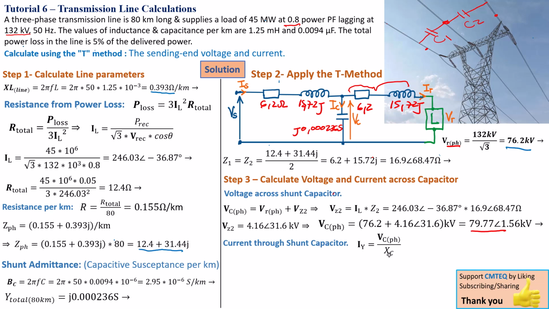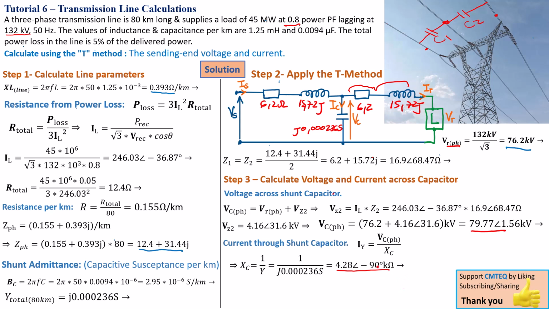We need to convert that to the capacitive reactance, which is the inverse of the admittance. So XC is equal to 1 over Y, which is 1 over 0.00236, and that gives us this value: 4.28 angle negative 90 degrees kilo ohm, because it's purely capacitive.